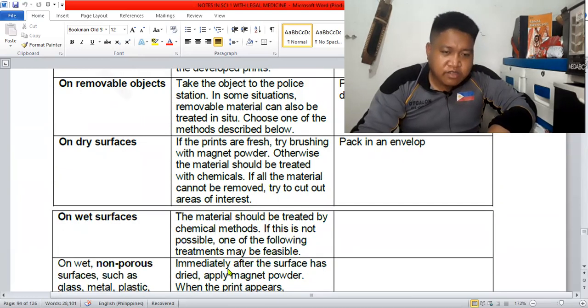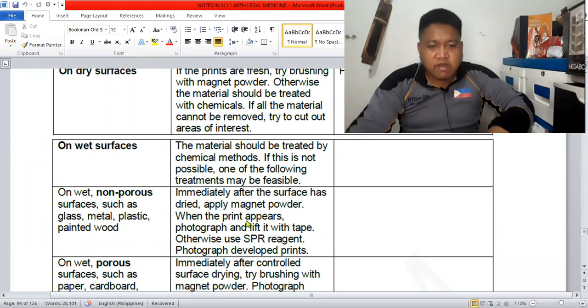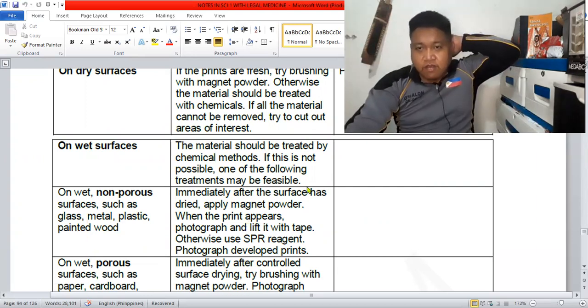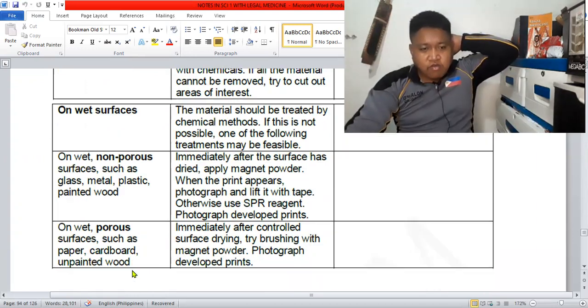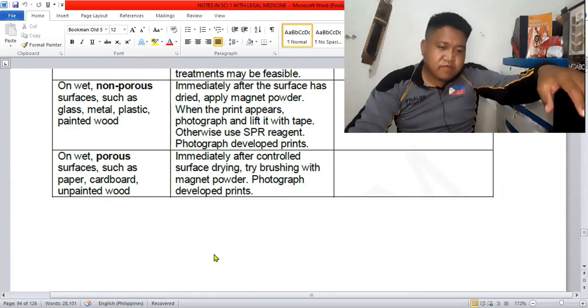On wet surfaces, material should be treated by chemical methods. On wet non-porous, yan, pakibasa na lang yan. Then on wet porous, immediately after controlled surface drying, try brushing.